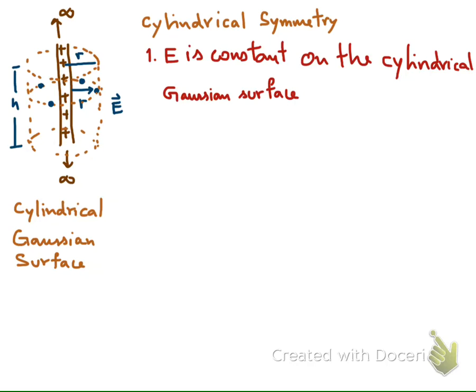Second, we can assume that E, the electric field vector, points along the radius direction.